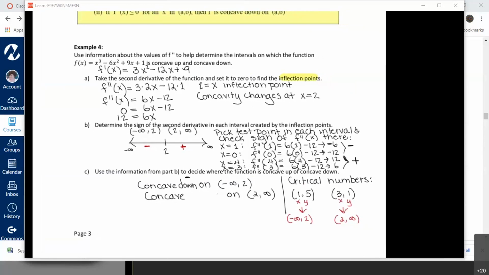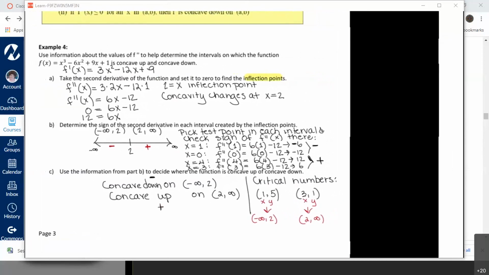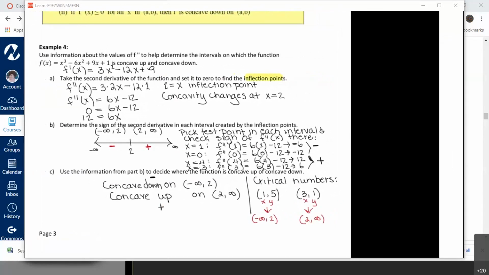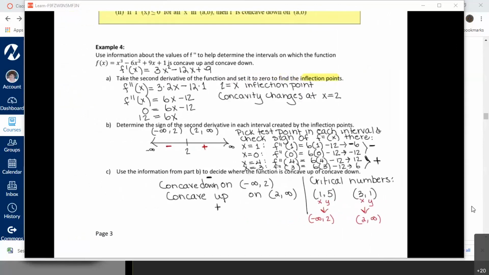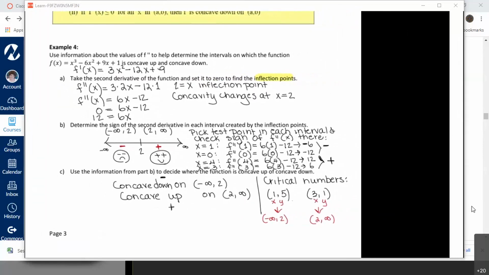Concave down, negative second derivative; concave up, positive second derivative. So again, guys, if you see me make a mistake, please shout it out. Second derivative is negative, concave down; positive, concave up. So I had my up and down backwards.